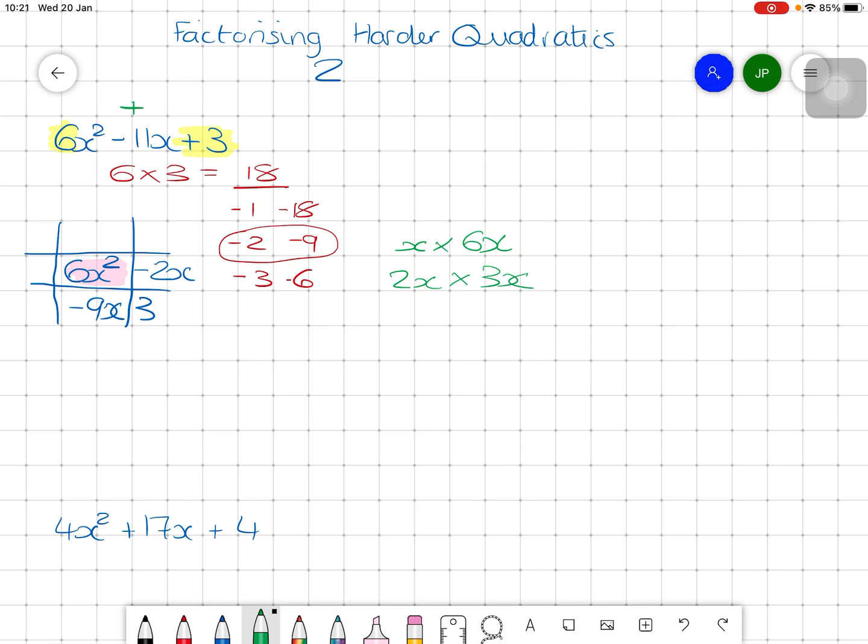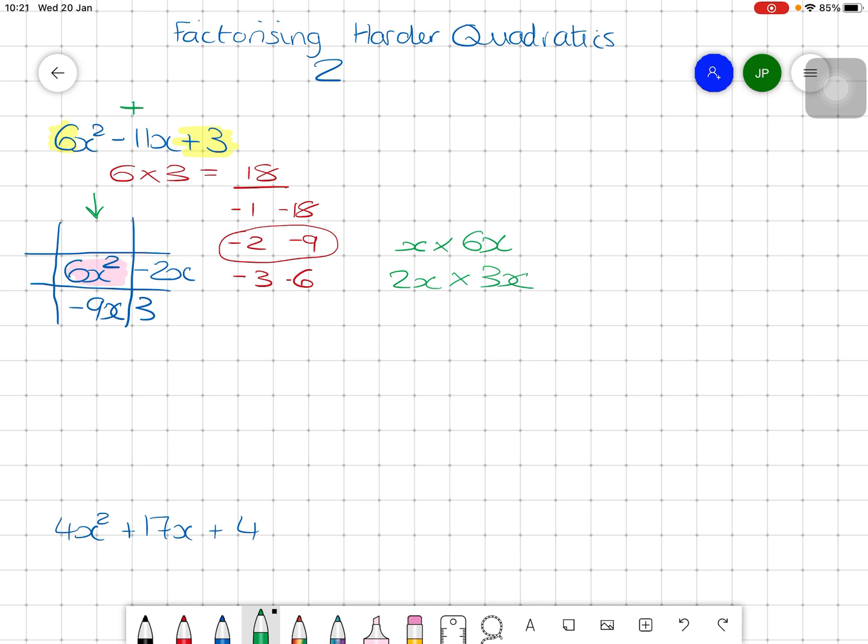Look at the other values that are in the column and the row. So, for example, if I look at this column here, I've got a 6x squared and a minus 9x. Well, that means I can't put a 6x there because I won't be able to multiply to make minus 9 using integers. I could use an x, that would work. I can't use a 2x because again I can't get to minus 9x, but I could use a 3x.